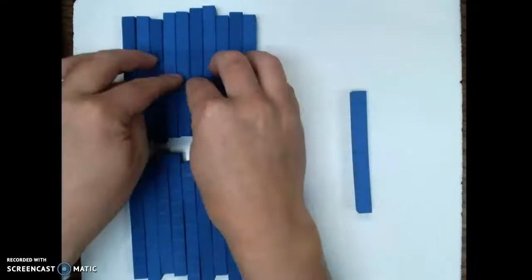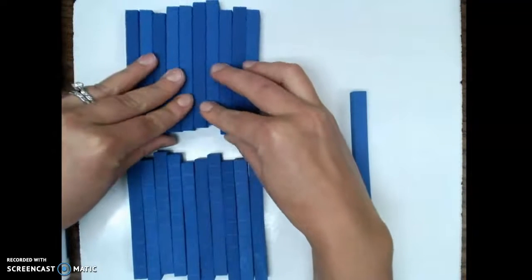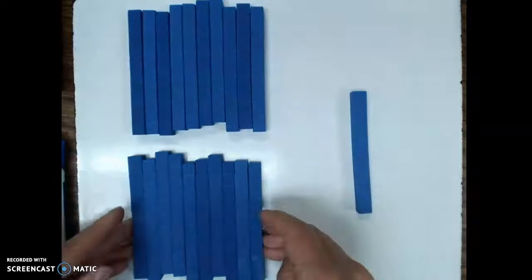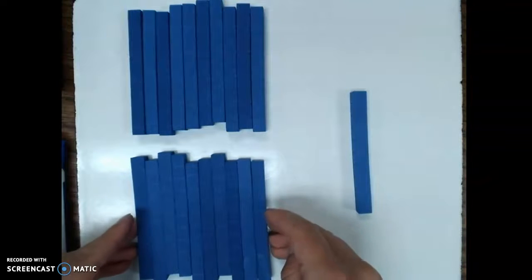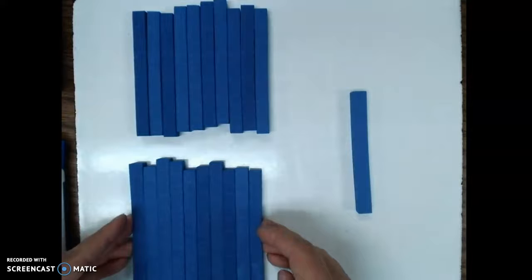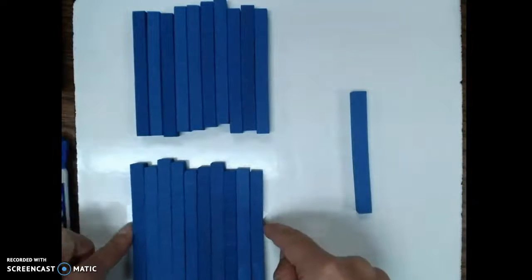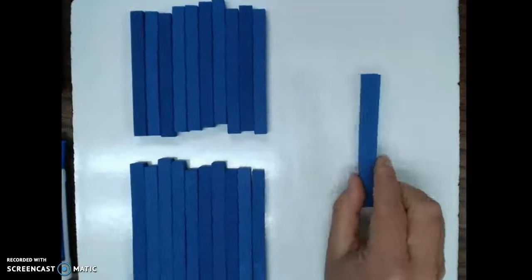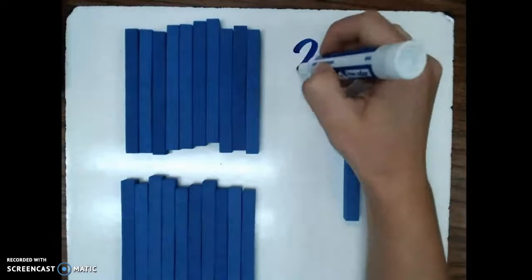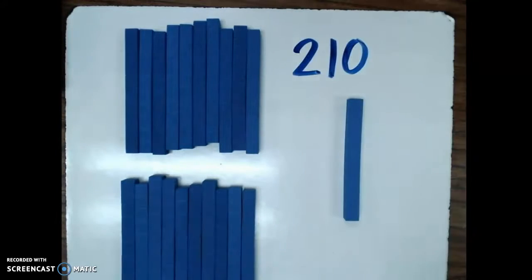So this is 100, because it's a group of 10. 10 tens make 100. I have another group of 10. 10 tens make 100. So this is 100 plus 100 is 200. 200 plus a 10 is 210. So this number right here models 210. Okay?